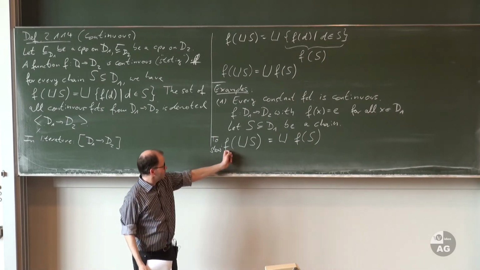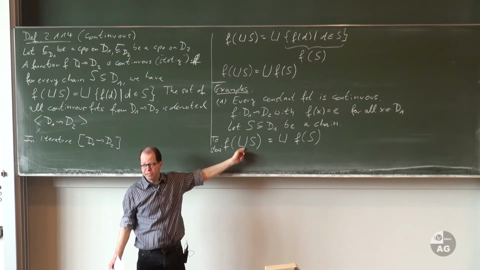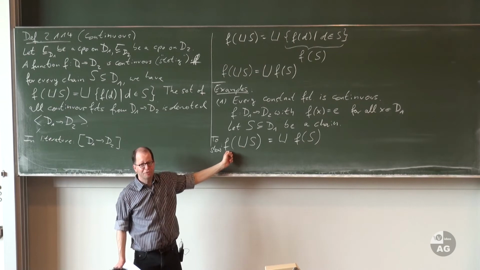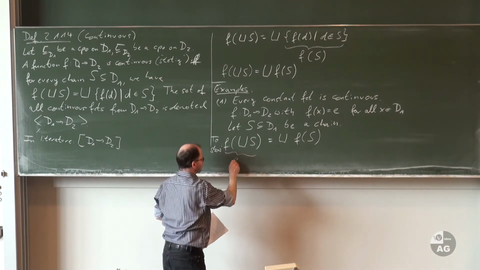Okay, so what is this? We apply f to the least upper bound of S. Well, I don't know what the least upper bound of S is. It's some element from d1, but f returns e for every argument. So no matter how this looks, this will be e.